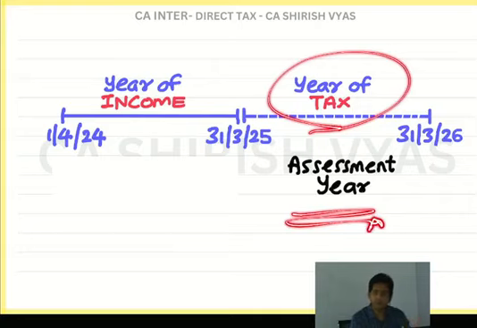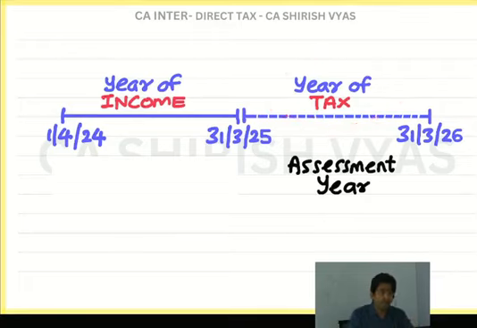Assessment means calculation. And after we calculate and pay the tax, government does the checking. And checking is also a meaning from assessment. Okay. So assessment has got 2 meanings involved, calculation and checking. So calculation we will do, we will pay the tax, and then government will do the checking. But all that happens in the next year.